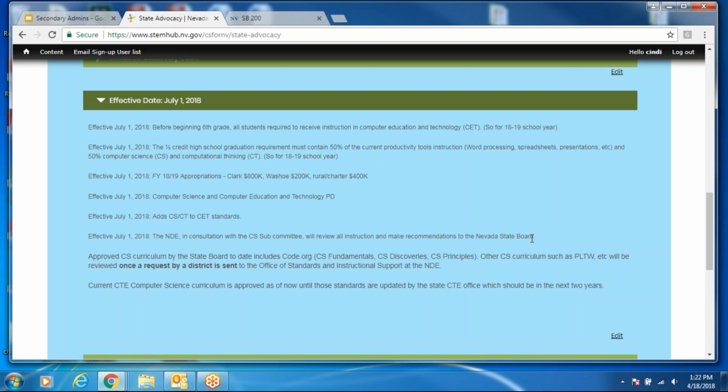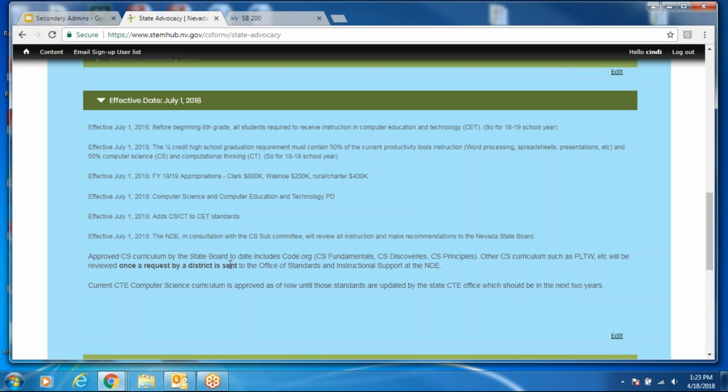So in other words, if there's curriculum that a district would like to use, then they need to go through the proper procedure to put in the paperwork and get that submitted to the state so that we can review the instruction and the curriculum, make sure it's in alignment with the standards and so forth, and then make recommendations to the state board for approval.